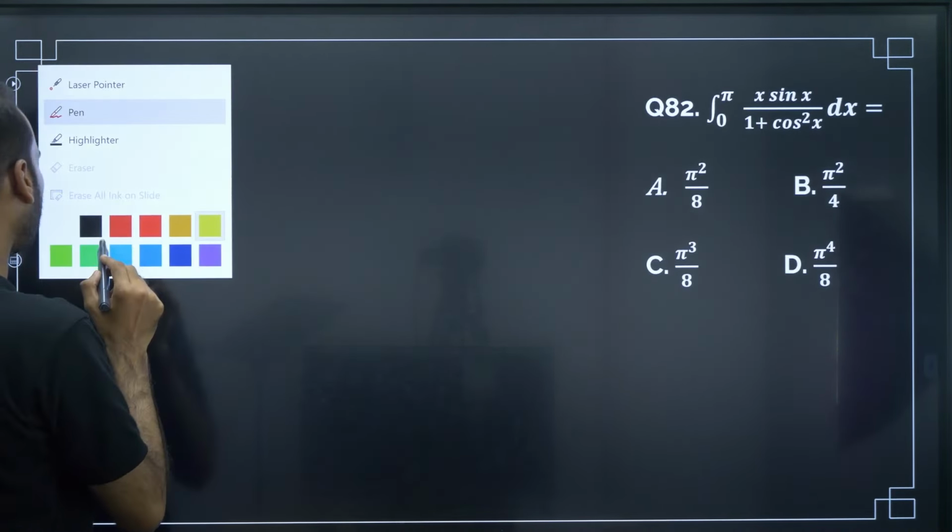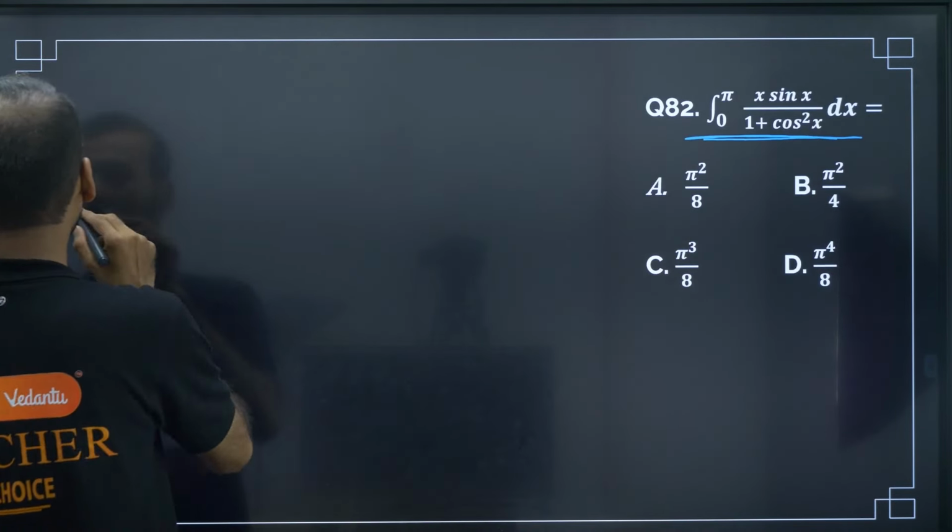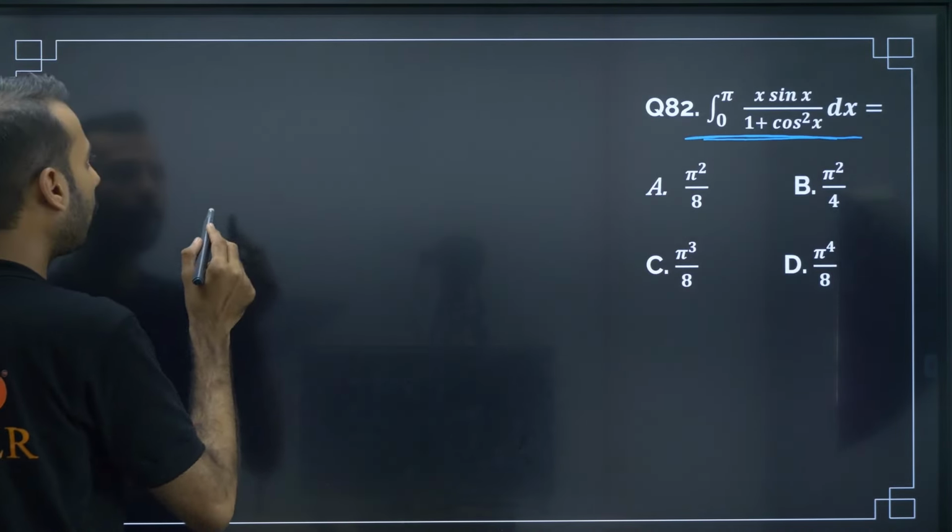Question 82, see this question. One function they have given. To solve this, some synopsis you should be knowing.